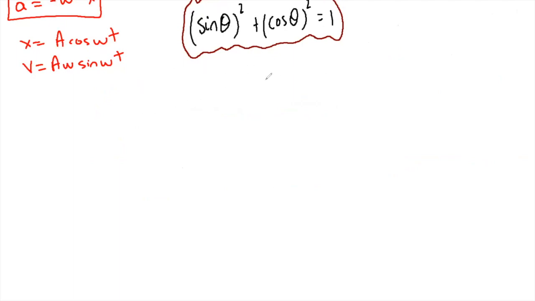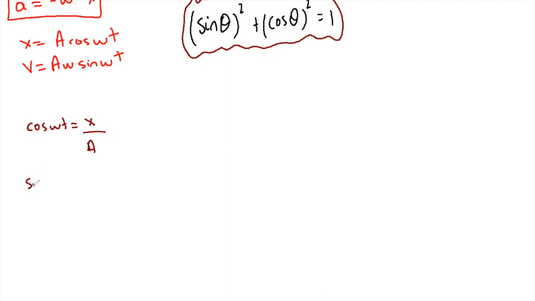Now, what I want to do is apply this rule to these two equations because I have cos and I have sine. Now, let's make cos and sine common. So I can say that cos omega t is x over A, right? I have A cos omega t, so I just moved A to that side.